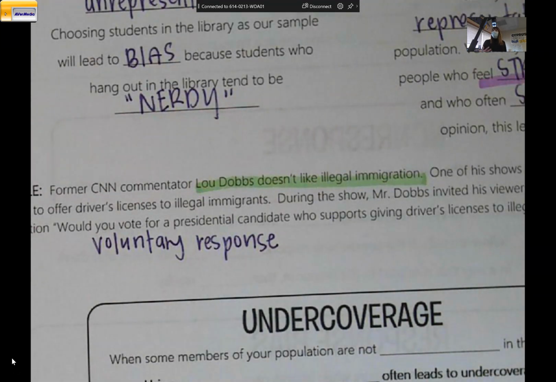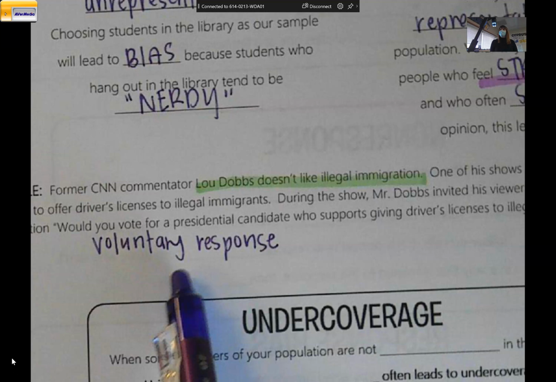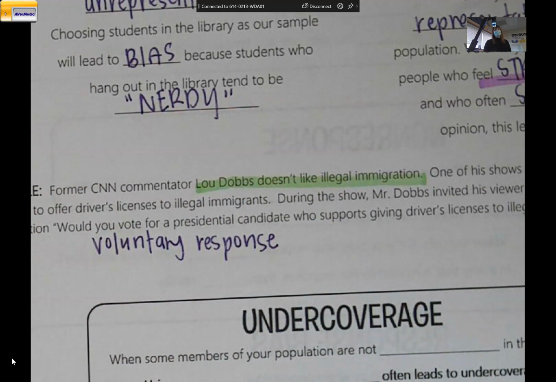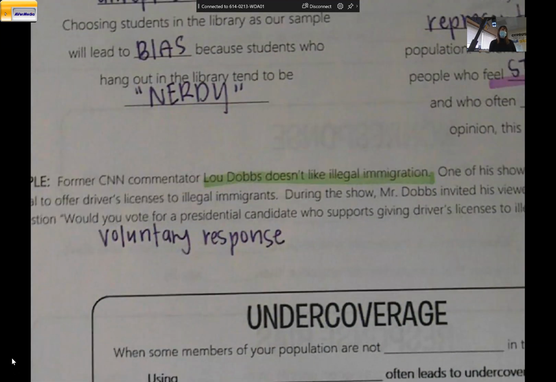So he's probably going to get a bunch of people who answer this question that agree with him. I bet you 90% will say, no, I would not vote for this presidential candidate, and only 10% would. And that's because these people probably agree with Lou Dobbs, who does not like illegal immigration. Is this making sense? Yes?